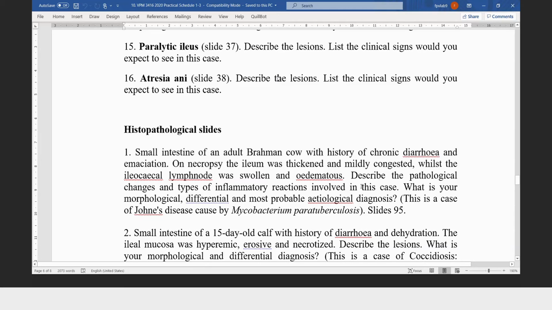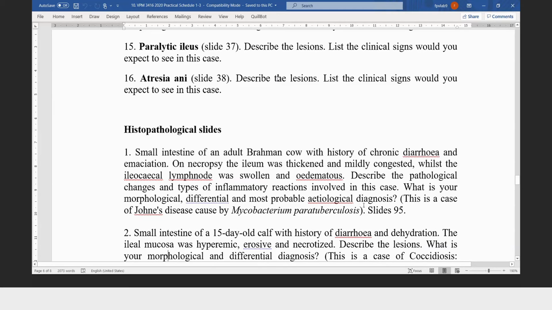So they give a slide there: describe the pathological changes and type of lymph response involved in this case. Then you are asked about your morphological diagnosis from the histological slide, and the most likely probable etiological diagnosis. We'll see the slide later on. I think we have the slide for this, I'll show you.